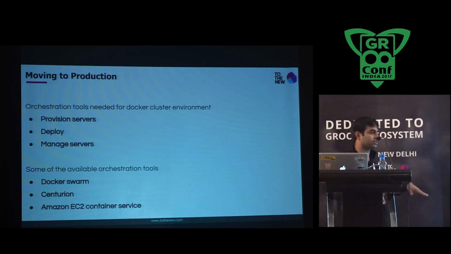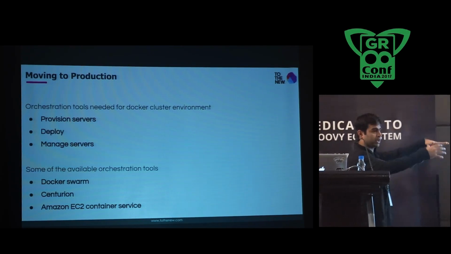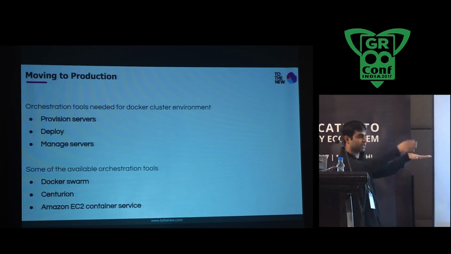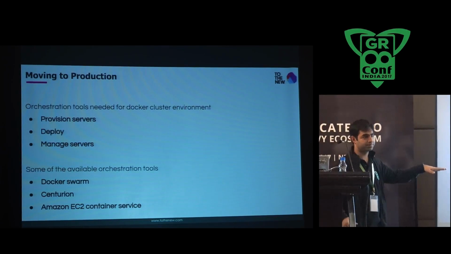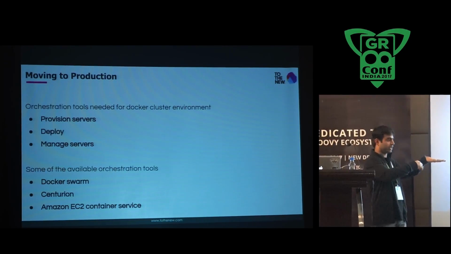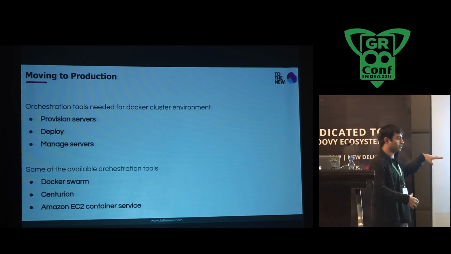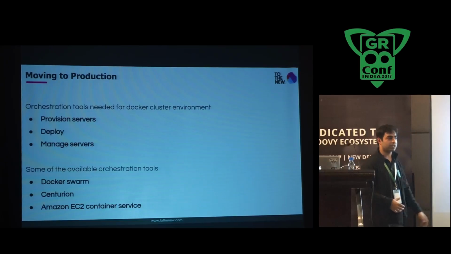So the way this works is you have one layer beneath, you have all your machines, smaller, higher, for example, some micro instances, some medium instances, and you say, hey, I need these many containers with these services, and you are just worried about running them, and this swarm layer or this orchestration tool will take care of where it needs to run those containers, on which machine. So that's how it works.